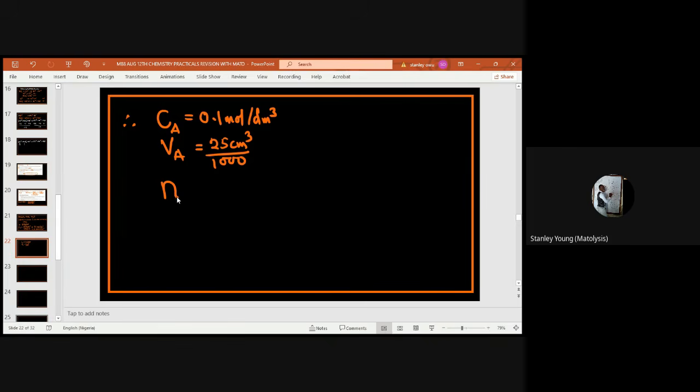So we need the number of moles of A. Number of moles of A is going to be CAVA. So this is going to be 0.1 times 25 over 1000. So what would that be? That's like saying we have 2.5 times 10 raised to the power minus 4.